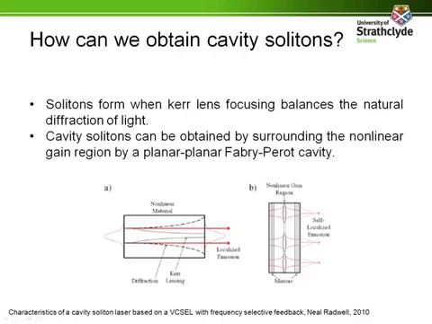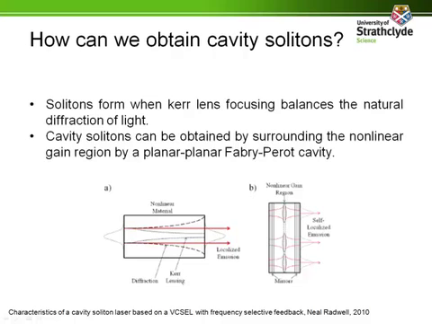So how do we obtain cavity solitons? Within a medium, light will experience diffraction. That's the dashed line, the black lines. So the light will diffract. But if we use a nonlinear medium, then Kerr lens focusing comes into play, so that the refractive index of the medium depends on the intensity of the light.